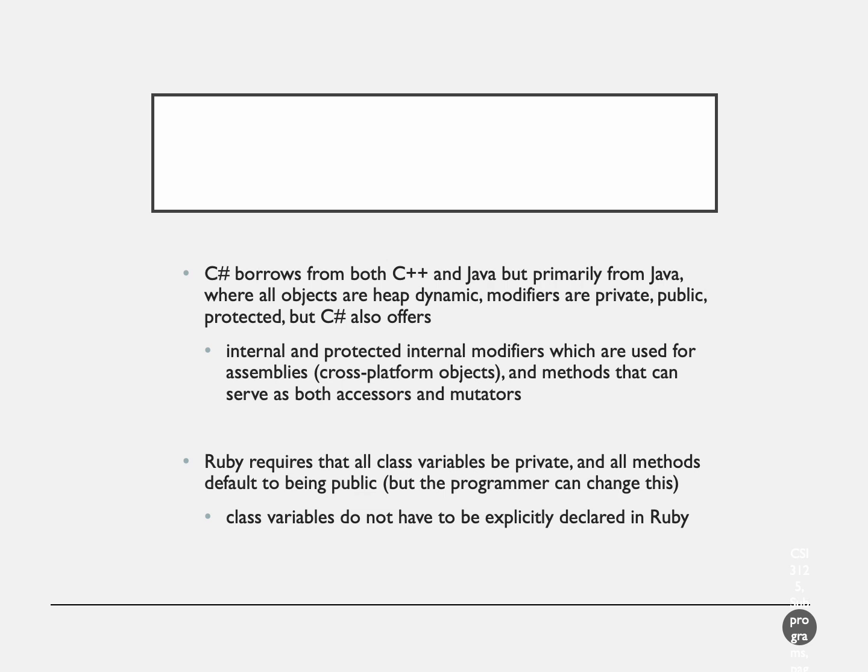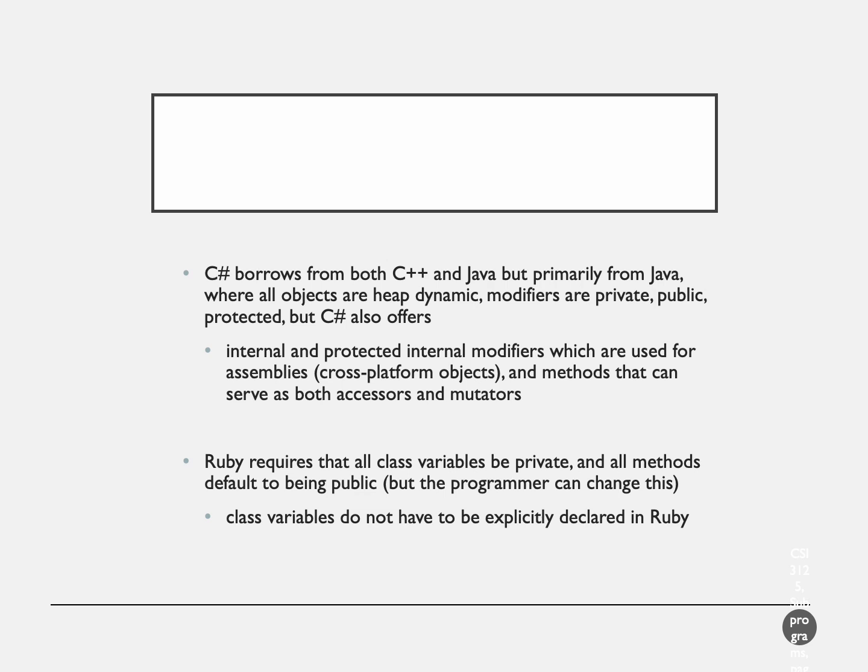It introduces internal and protected internal access modifiers. Now, these are particularly useful in cross platform assemblies where access needs to be controlled across multiple modules. Additionally, C Sharp allows methods to serve as both accessors and mutators, which supports cleaner encapsulation.